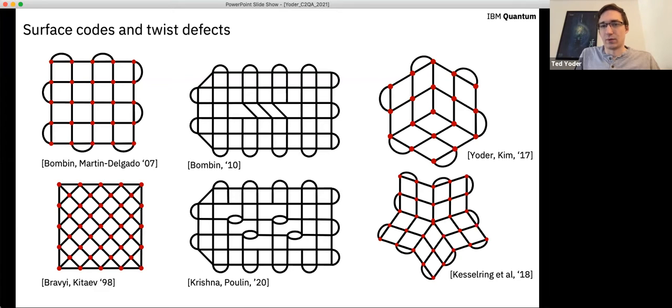And then this idea of twist defects also takes different forms, such as in the Krishna-Paler formalism or the Kesselring stellated codes, which are a generalization of this triangle code. So essentially, there's this variety of models in the literature, and we want to describe them all in the same formalism and understand where these twist defects come from.